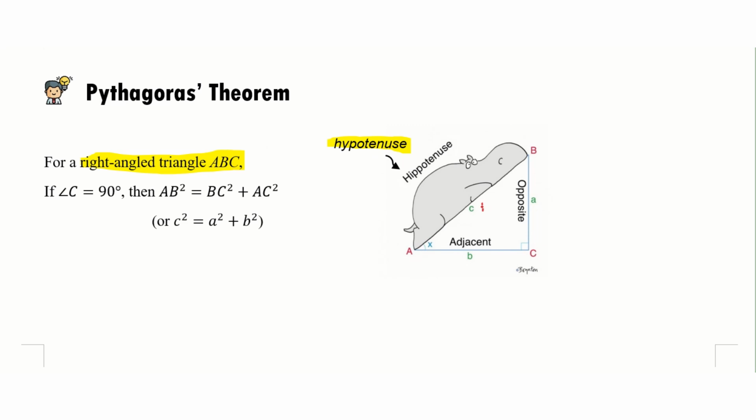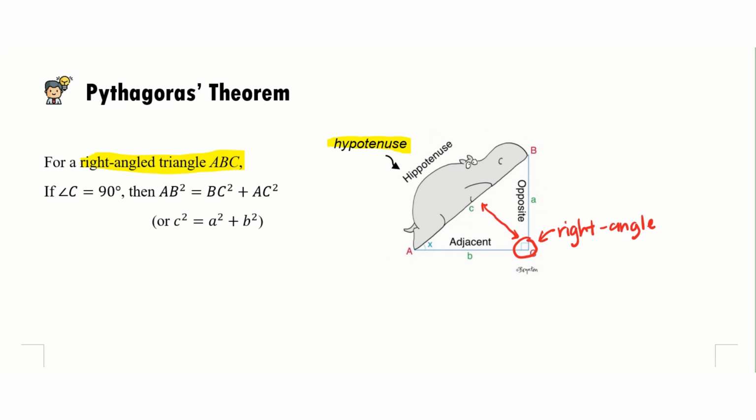One important property is that it must be opposite this right angle. So this is where the right angle is in this particular triangle, and opposite it we will always have the hypotenuse. In this picture over here, I have this hippopotamus just for a pun, just for fun.